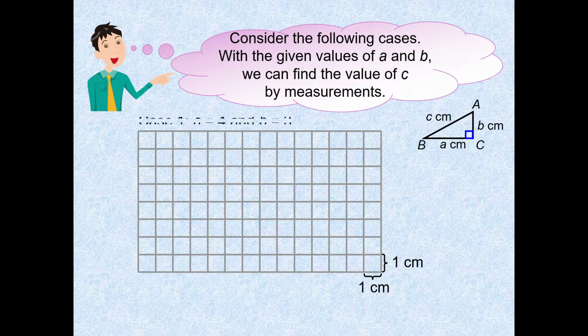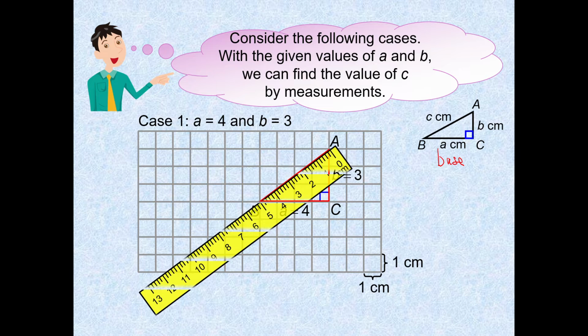So now, there are three cases. For case one, the base of the triangle is 4, and then the height is 3. Then let's draw it. Later on we need to measure the length of the hypotenuse. The hypotenuse is 5 here in case 1.